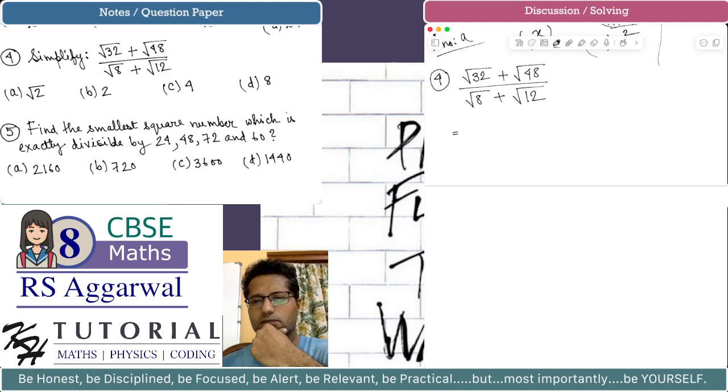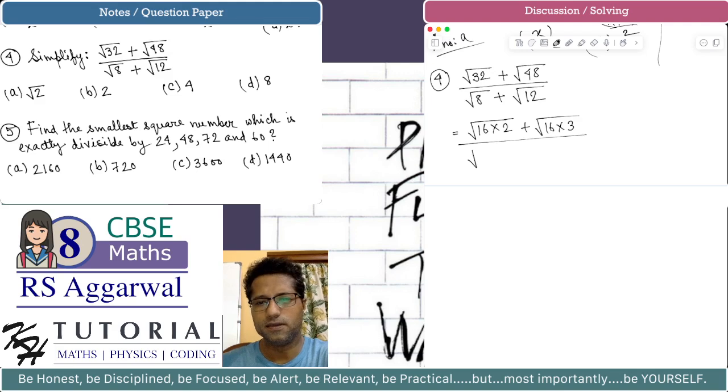Factorize them and then try to see if you can take out any common. So square root of 32, I know it is 16 into 2, and 48 is 16 into 3, and we have 8 is 4 into 2 plus 12 is 4 into 3.